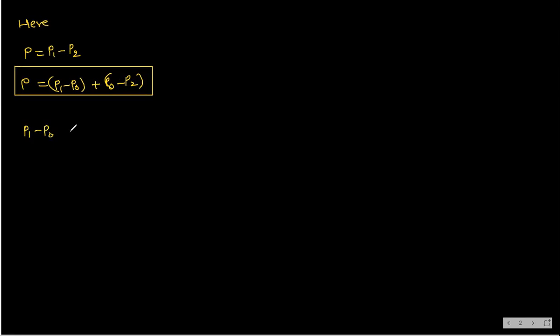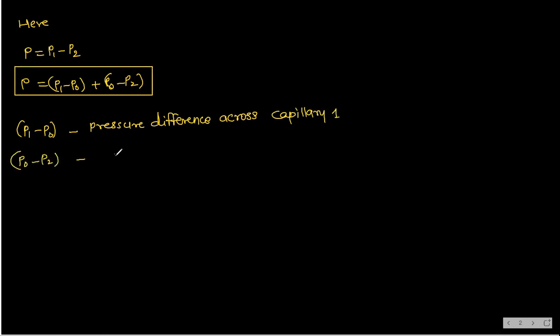P1 minus P0 is the pressure difference across capillary 1, we can say, and P0 minus P2 is the pressure difference across capillary 2.